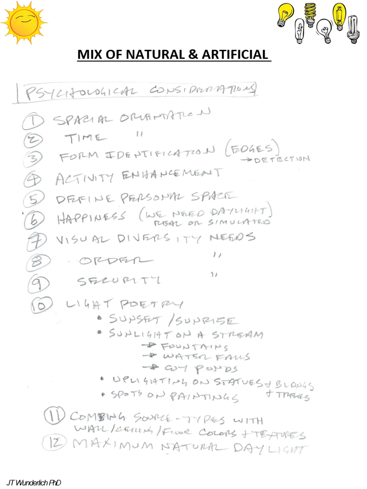Spots on paintings, halogen lights are the lights that really bring out the color rendering of the art. Combine source types with wall, ceiling, floor colors, and textures. So different types of fixtures and different locations and for different purposes. We'll talk about that a little more here coming up. Maximum natural daylight, of course.